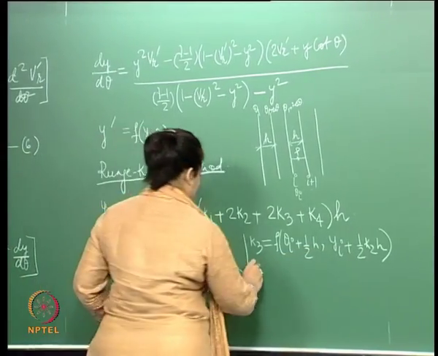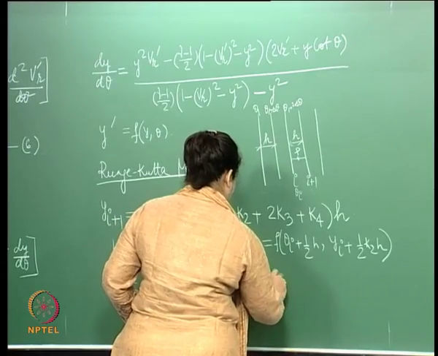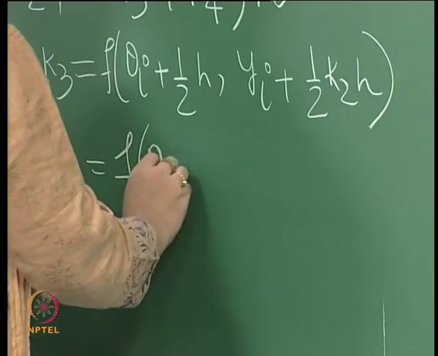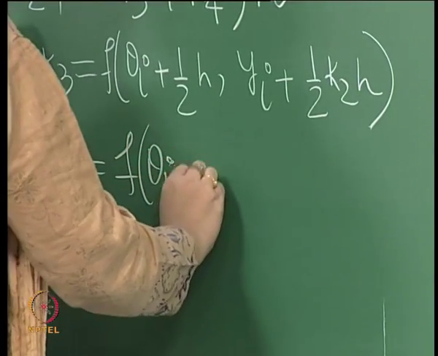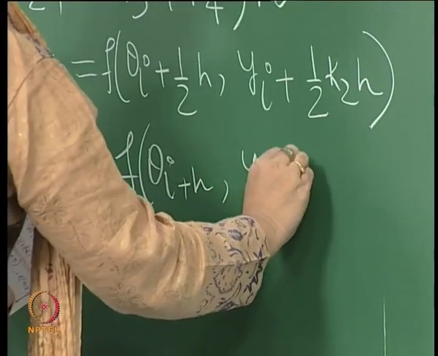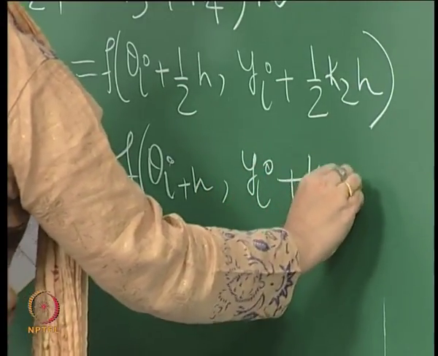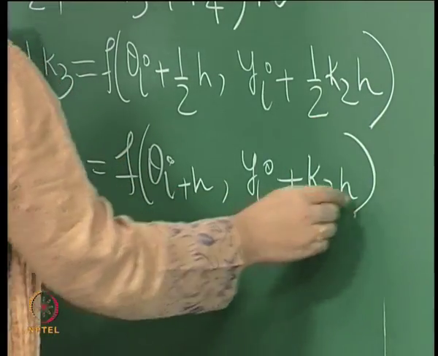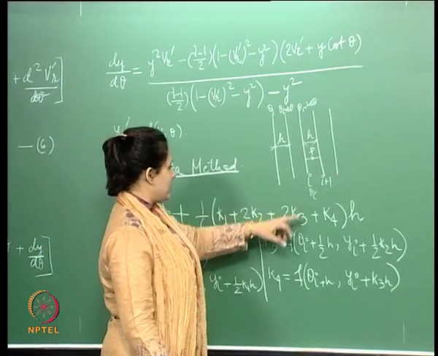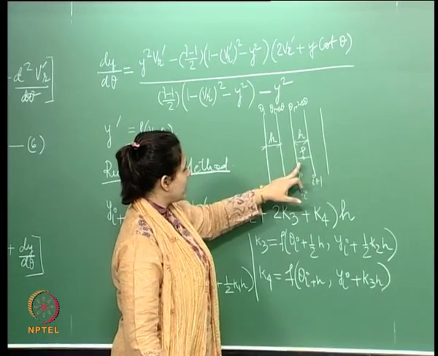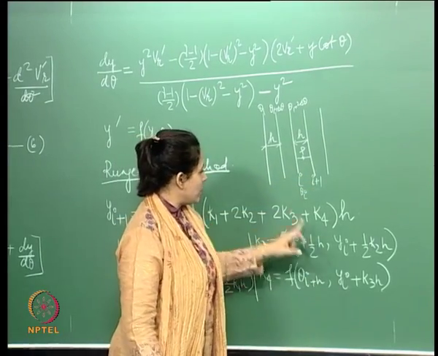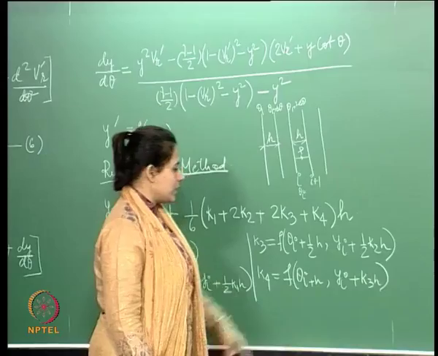And k 4 is of course the function at theta I plus h, which is here, and the y is y I plus k 3 into h.